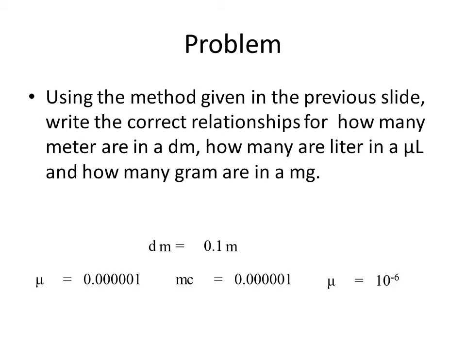To go from microliter to liter, the first thing I do is I write down what micro means. Now, you can use the symbol mu and the meaning 0.000001. I find that rather laborious to write all those zeros, so I just use mu equals 10 to the minus 6. You can also use MC as your prefix instead of mu, because in the medical area they do use that.